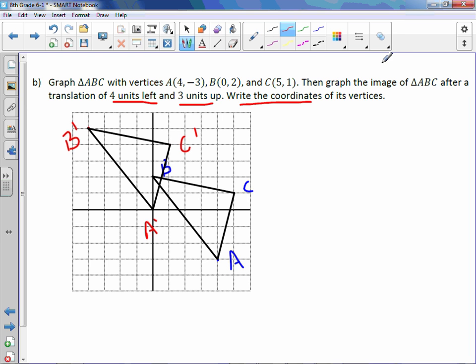Again, they are the same exact shape. It just slid. And we are going to write our new coordinates. So A prime, we have right at the origin, so (0, 0). B prime, looks like negative 4, 5.